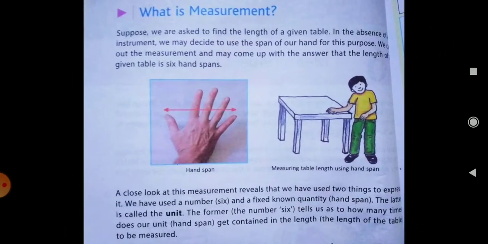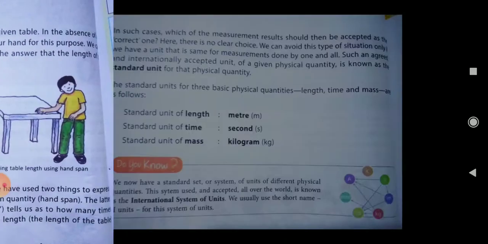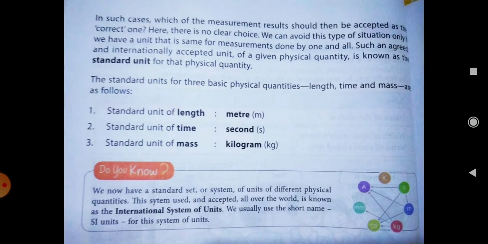Earlier we used hand spans, but now for accurate measurement we use meter scales. There are standard units for all the physical quantities. For length, that is meter. The standard unit of time is second. And for mass, that is kilogram.